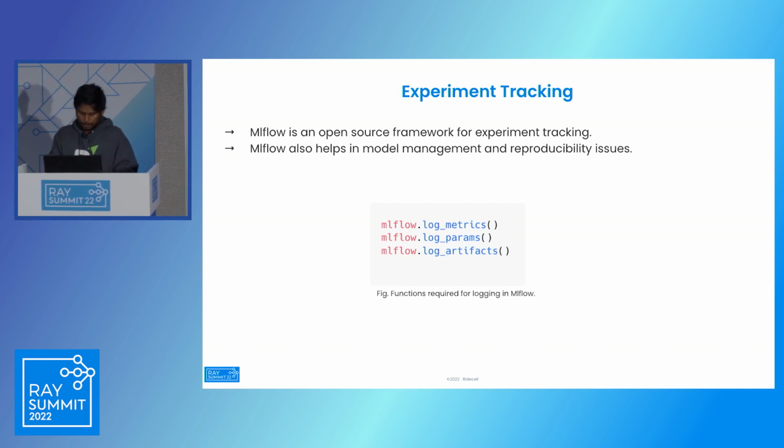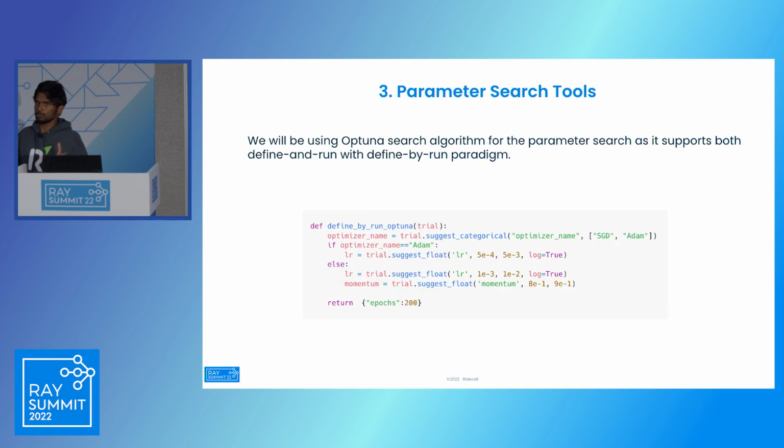Before jumping into the parameter tuning, we'll go through some of the basics. Logging: Ray Tune has extensive support for logging libraries like TensorBoard, MLflow, and Weights and Biases, some of the commonly used loggers. The need for logging is pretty extensive because, as I mentioned, individual trials could be quite expensive.